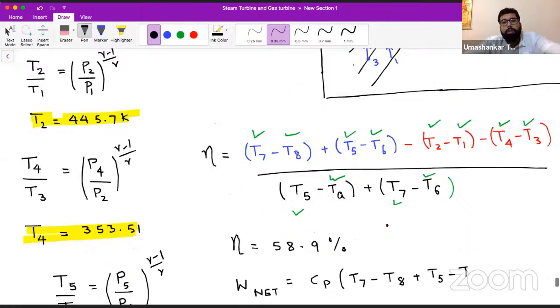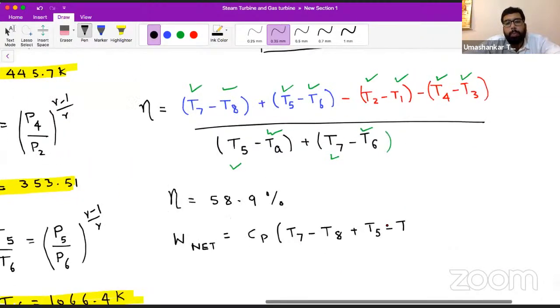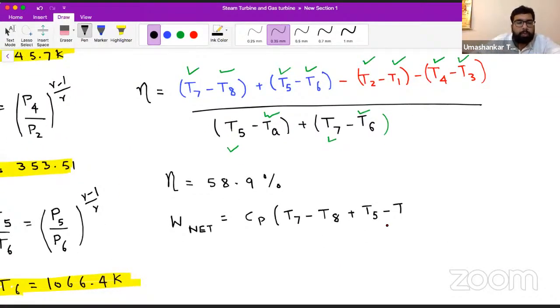In this question, what is written? Total turbine work output is written. So you have to calculate the turbine work, because directly turbine only is written there. If the network or the complete turbine unit is written, then you have to find the net work. So here let's find the turbine work output.